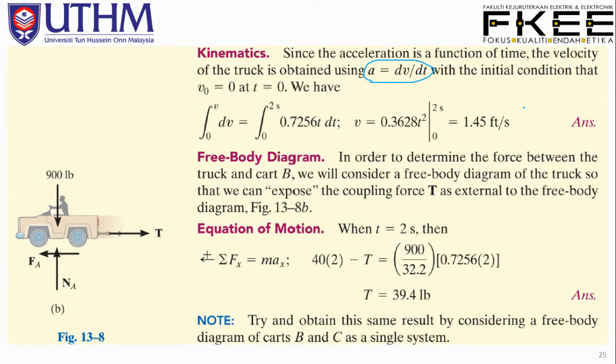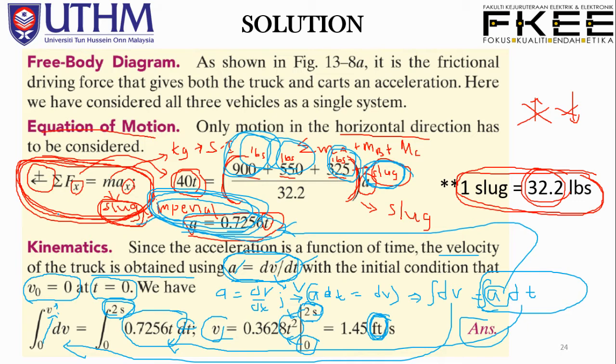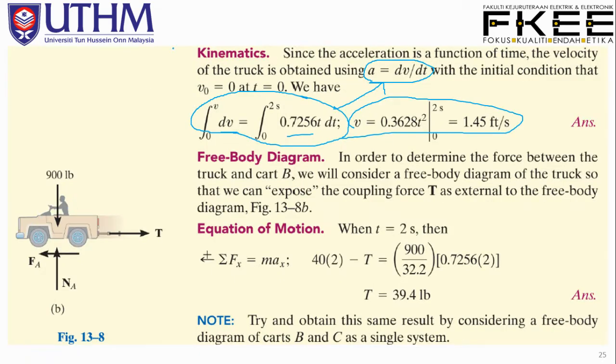With the initial condition that v0 equals 0 at t equal to 0, we rearrange and integrate from 0 to v for dv and from 0 to 2 seconds for dt. Sorry for the mistake, this is actually from what we have done earlier, the same kinematics. Sorry for the double analysis.